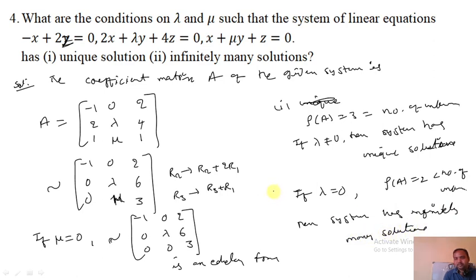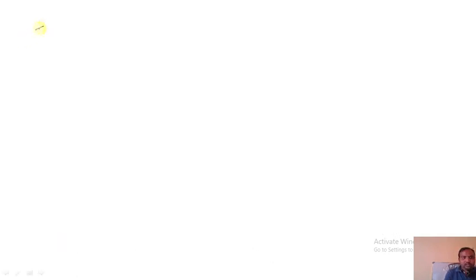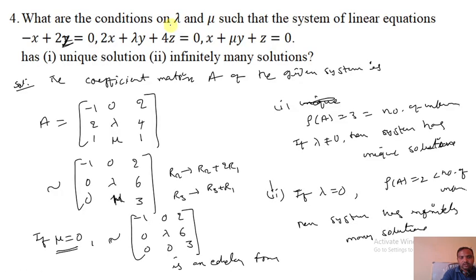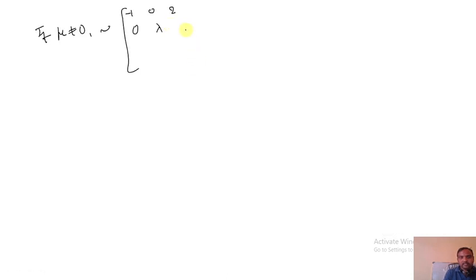So that was the case nu is 0. Now suppose nu is not equal to 0. The equivalent form is minus 1, 0, 2; 0, lambda, 6.